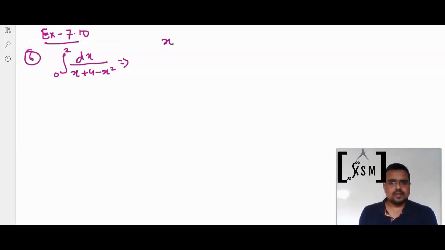We write 4 minus x square and x take alone, right? So it is 4 minus, so it is x square minus, for x we will write 2 times x times half, right?